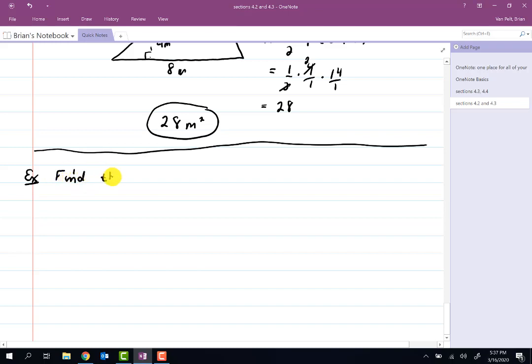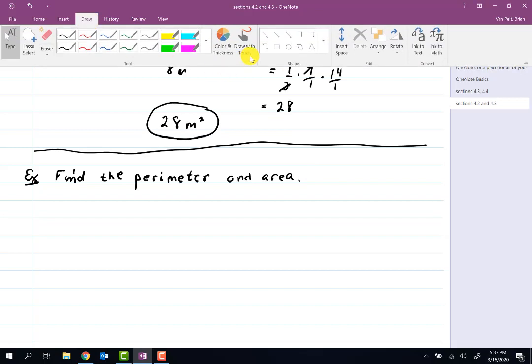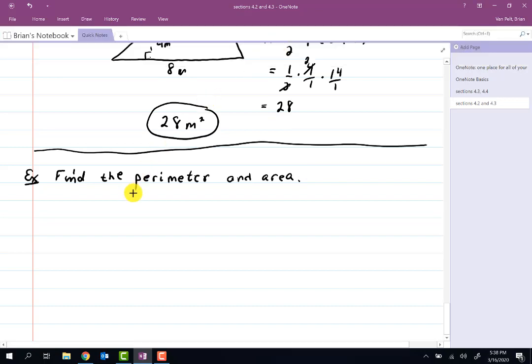the perimeter and area. And once I give you the figure, you'll almost certainly know how to work it. But we're also going to practice some of your arithmetic.